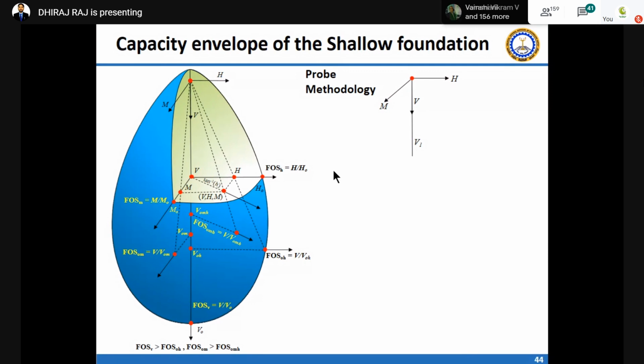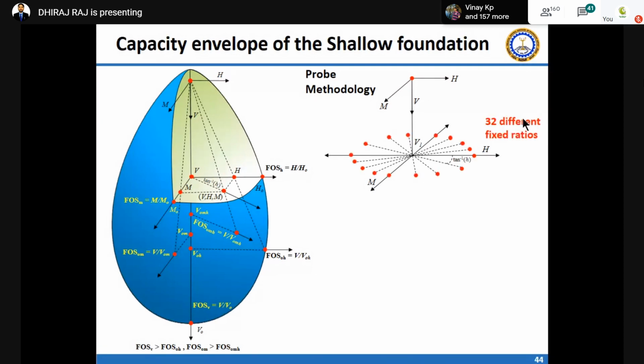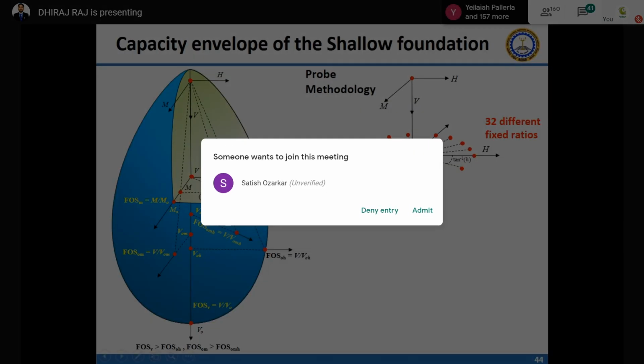You can remember this sign scheme of horizontal, moment and vertical. Vertical, actually I am taking downward as positive. At a given vertical load V1, you have to apply the horizontal shear force and moment in a ratio in such a way that you get the final capacity of that foundation.